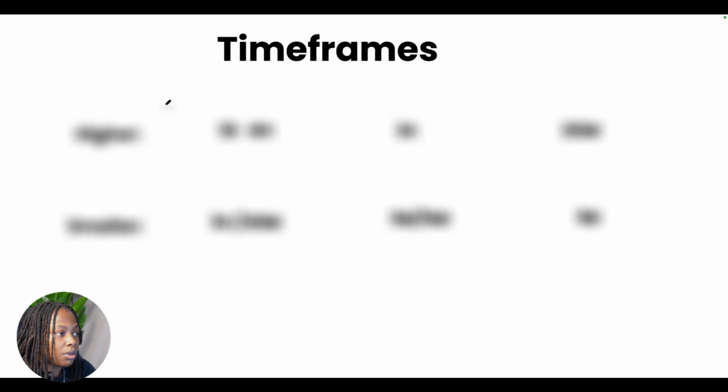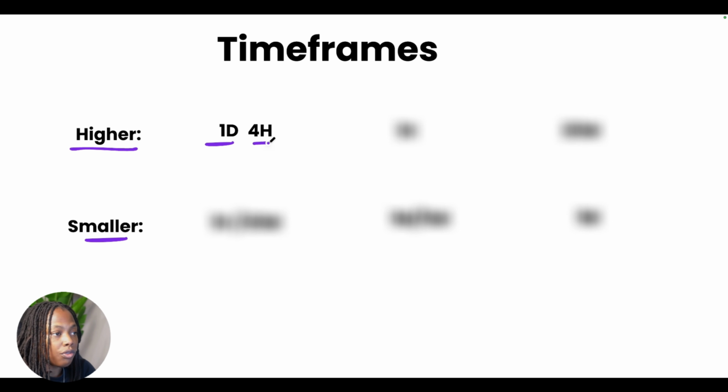So when it comes to time frames, you break it down into higher time frames and smaller time frames. If your daily time frame or your 4 hour time frame are considered your higher time frames, that's where you do your analysis, you draw your lines and your trend lines, whatever. The smaller time frame that would take you to the destination, your price target, should be your 1 hour or your 30-minute time frame.